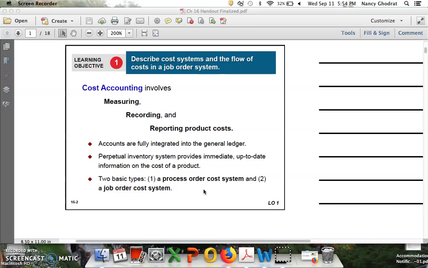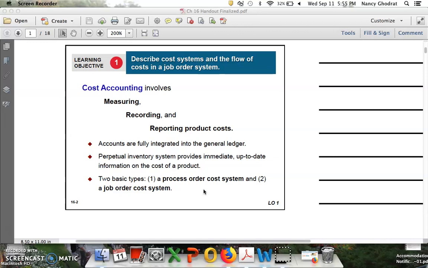And the last item is to report it by preparing reports. The reports are only for management, so they know how much money they spend producing the product, because if we don't know the accurate cost of the product, we're not able to price it correctly.